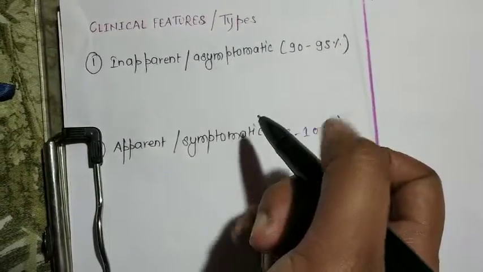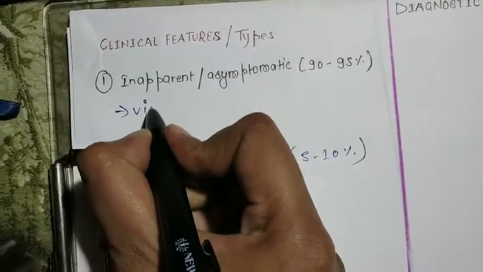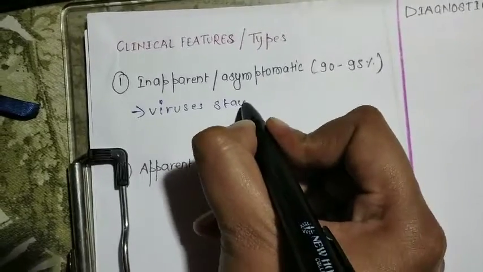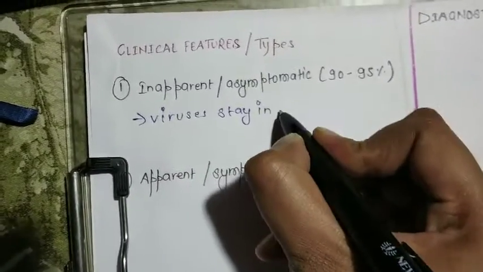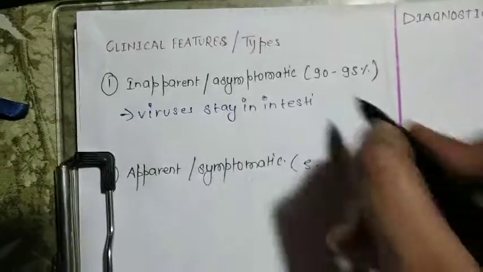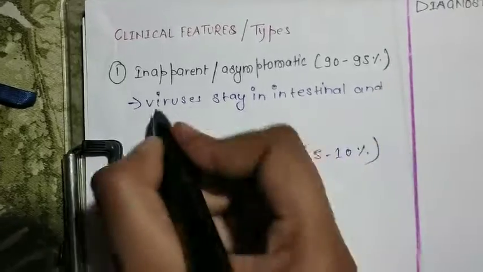In the inapparent asymptomatic form, the virus stays in the intestinal tract and does not track the nerves.